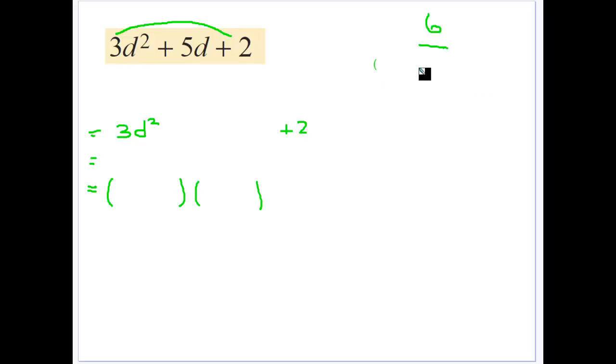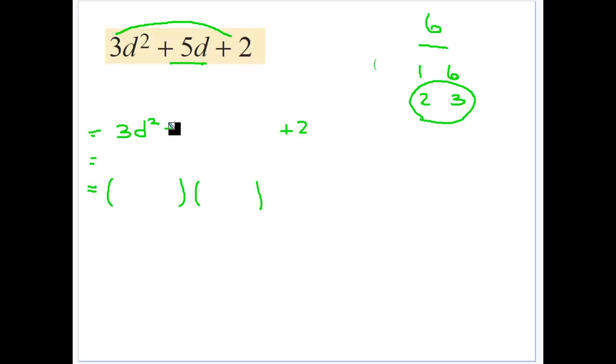So we get 1 and 6, and 2 and 3. Those are the only options, because it's only 6. There are only 2 sets of factors. Now, we want to decompose 5d into two numbers that add up to 5d and are factors of 6. So the 2 and the 3 are the ones we're going to choose.